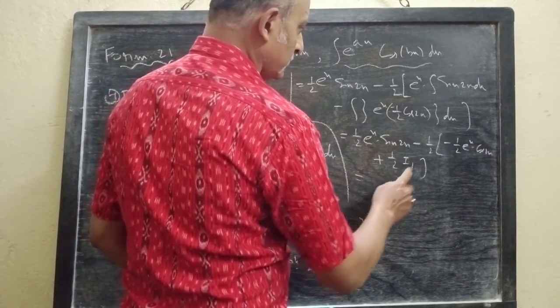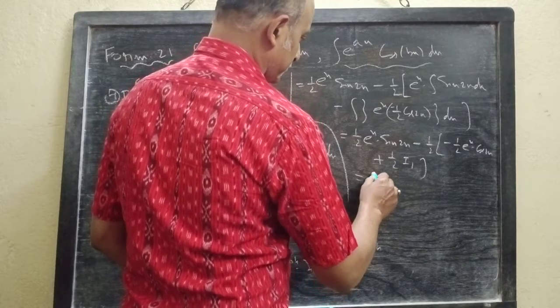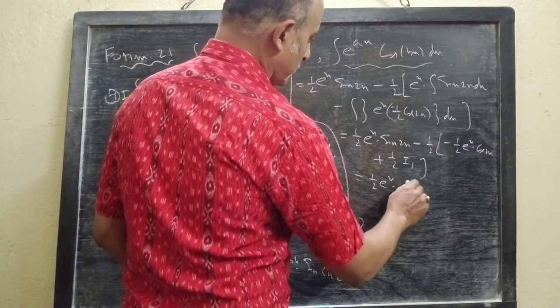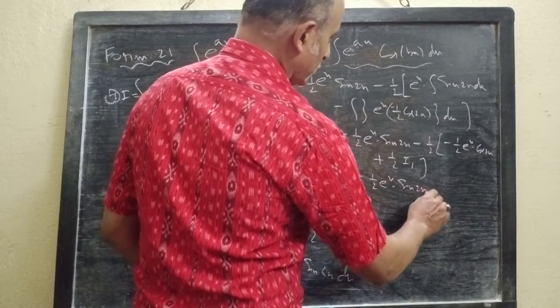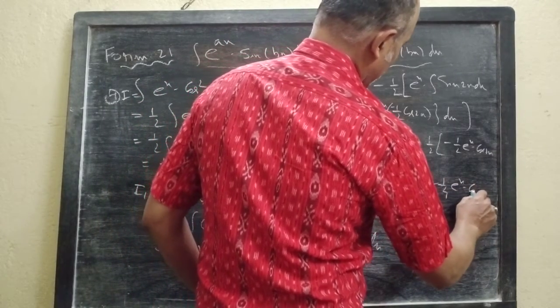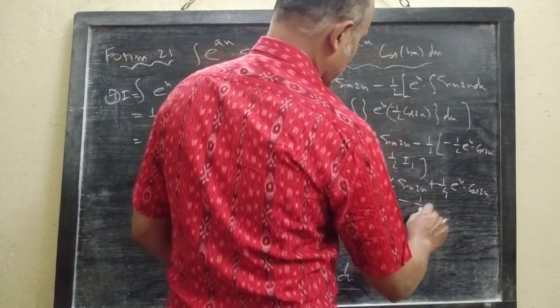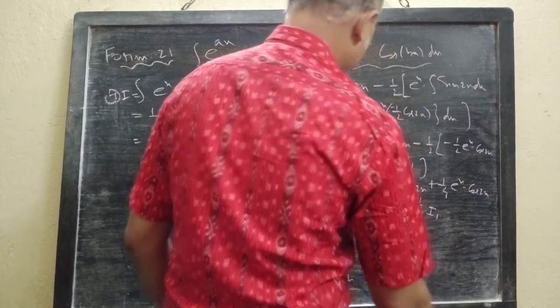Now this becomes half e to the power x sin 2x plus 1 by 4 e to the power x cos 2x, and then minus 1 by 4 I1.